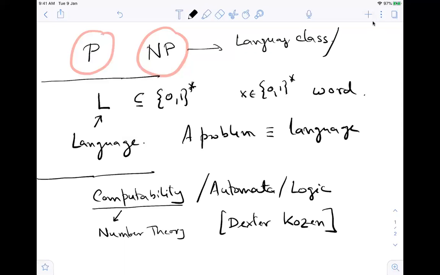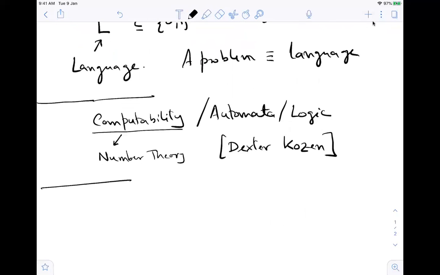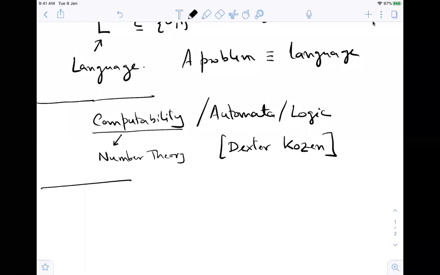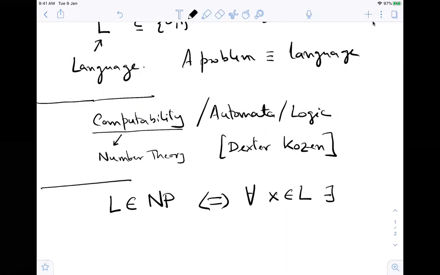All of them that we are talking about, P, NP, and lots of other things, are collections of languages. The main idea is that we will say something like, when is L in NP? L is in NP if for all x in L, there exists... I told you that it is easy to... what is the definition of NP that I gave you?